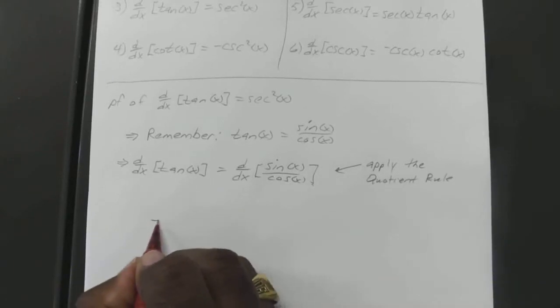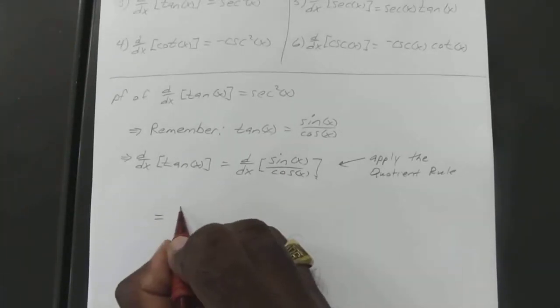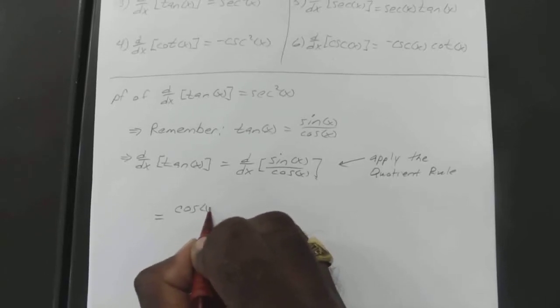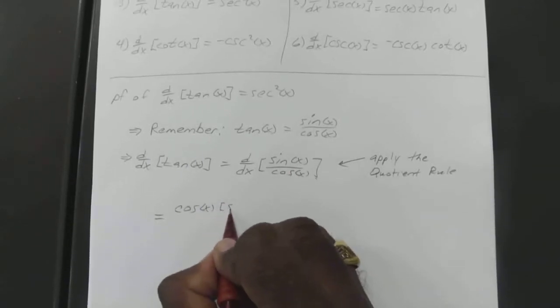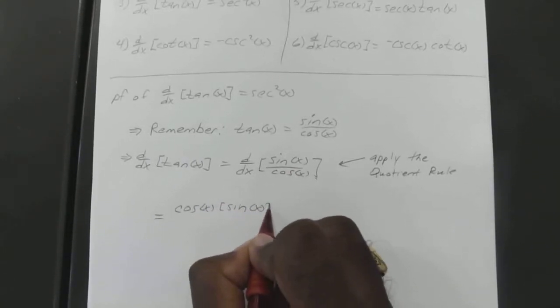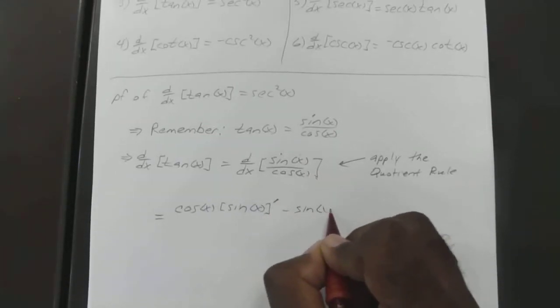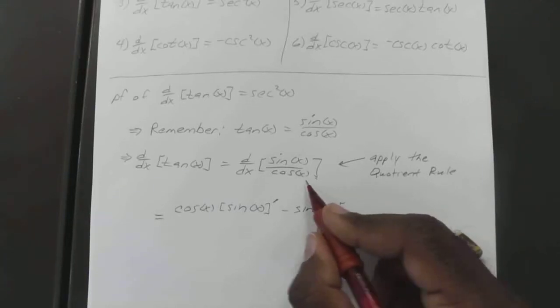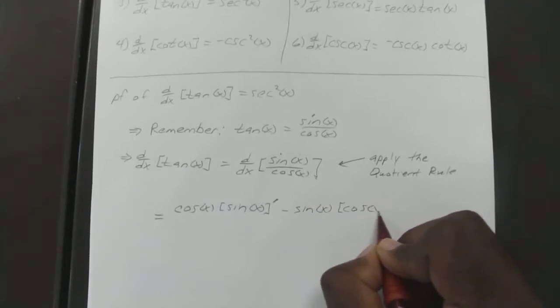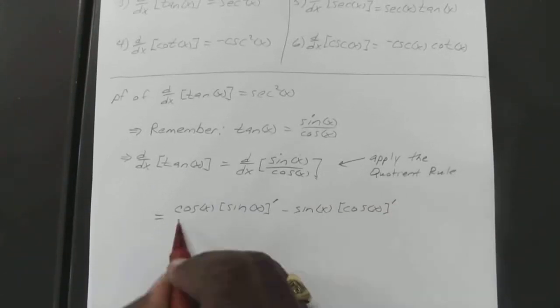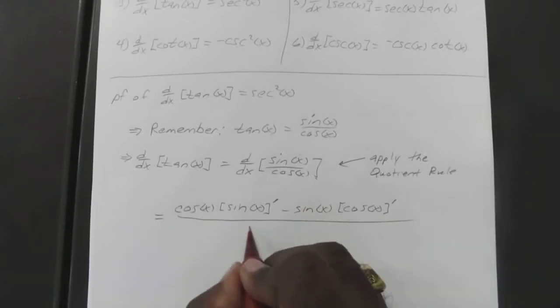So you have your denominator times the derivative of your numerator, minus your numerator times the derivative of your denominator, all over your denominator squared.